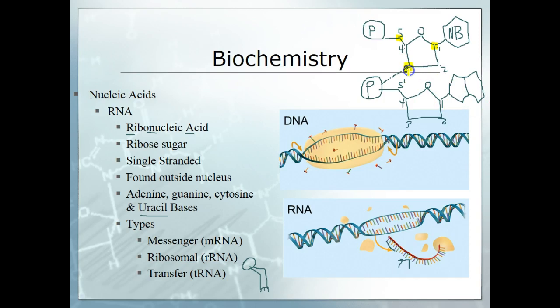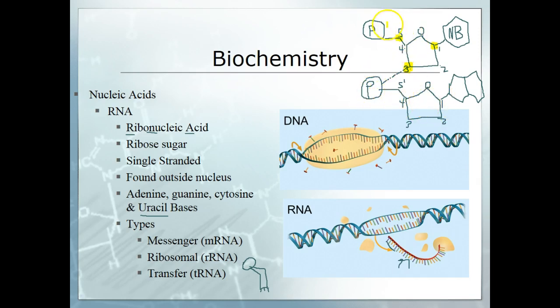Okay, so there are 3 different carbons in our 5-carbon molecule that are really important. The first prime carbon is always attached to the nitrogenous base in every case. Okay, first prime attached to nitrogenous base. Third prime is always attached to the next or adjacent nucleotide in our sequence.